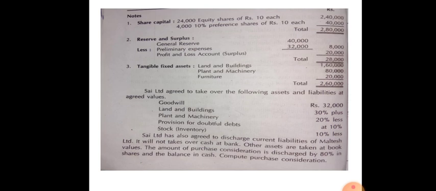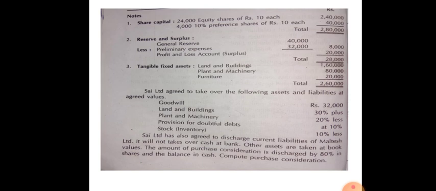Land and building is 30% plus. In note number 3, tangible fixed assets, land and building is rupees 1,60,000. On this 1,60,000 we have to add 30%. It means 48,000 also we have to add to this 1,60,000.